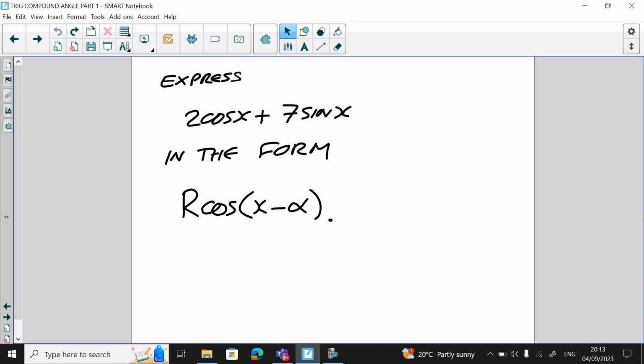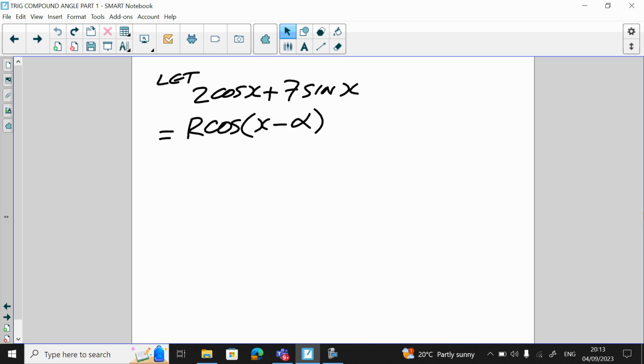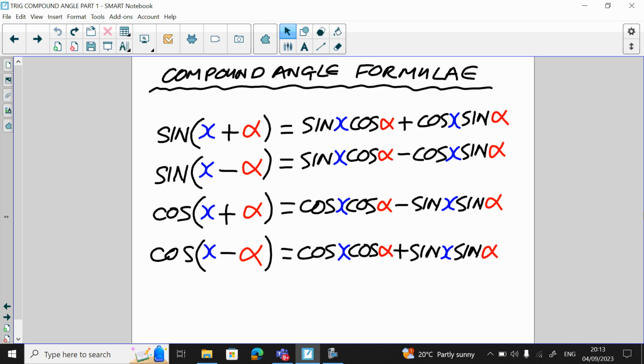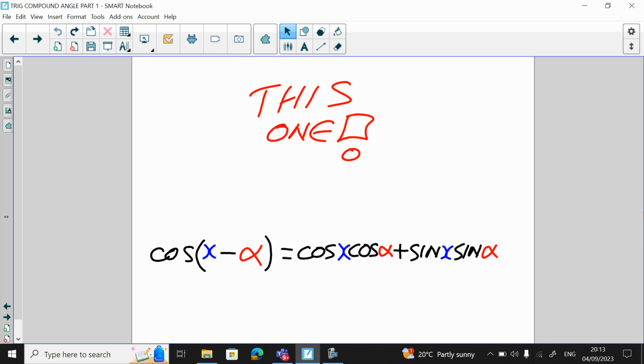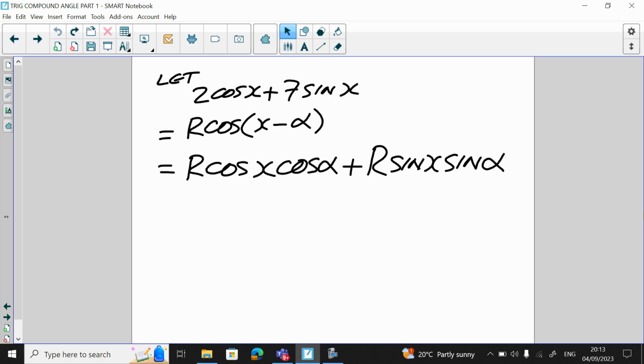So let's go for it. Cos of x minus alpha. Forget about R. We're going to the formula sheet. Cos x minus alpha, cos and minus. That's what we're going for. So it's that one there. We know we're going to have R in front of it eventually. So there you go. That's all we've done.